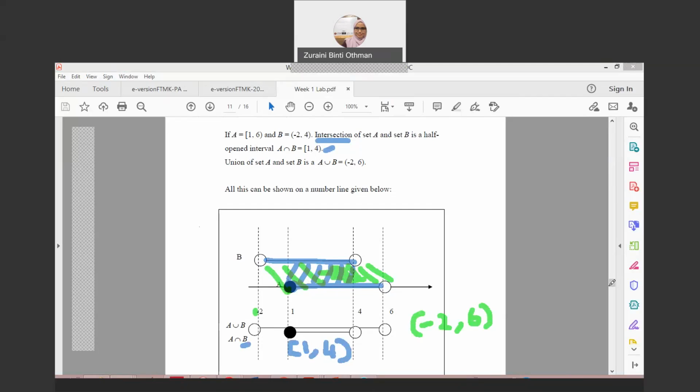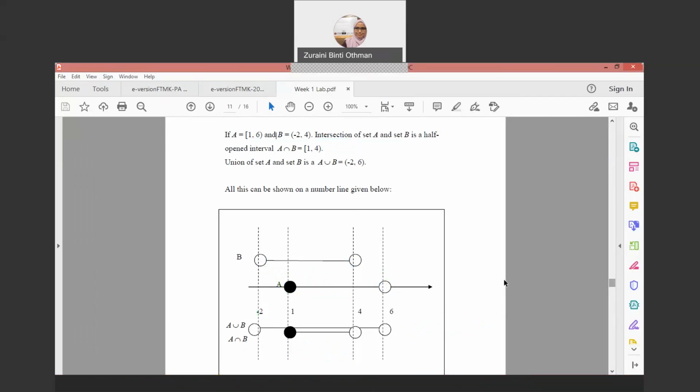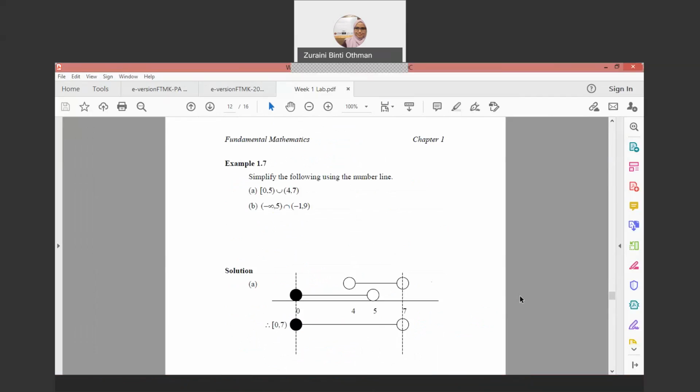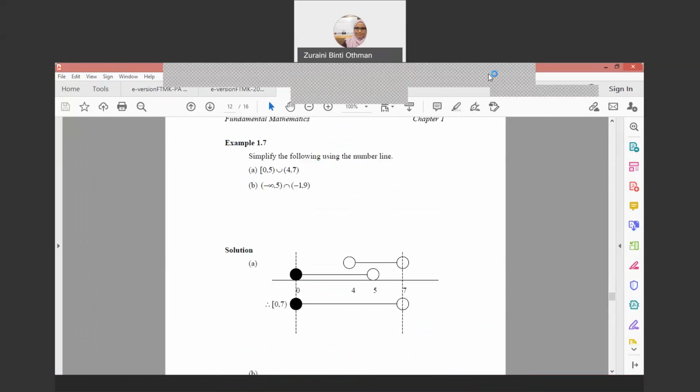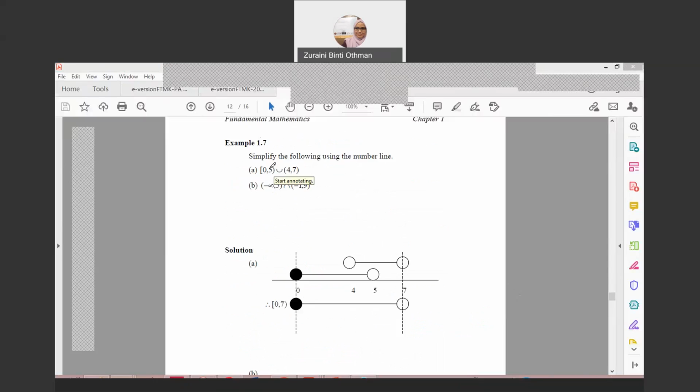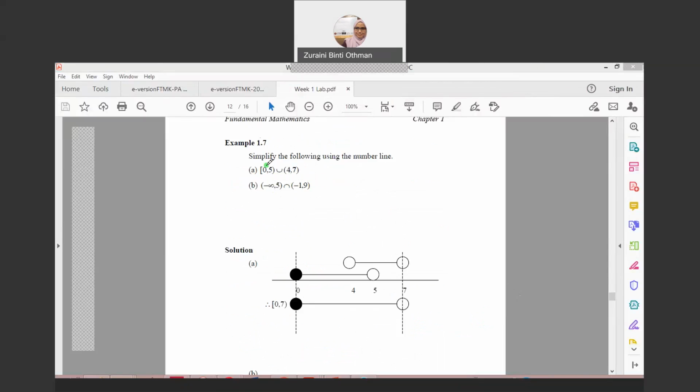Okay, now this is the example how to simplify the following using the number line system. So now when we get the question like this, we have two intervals which are 0 until 5, and 4 until 7.